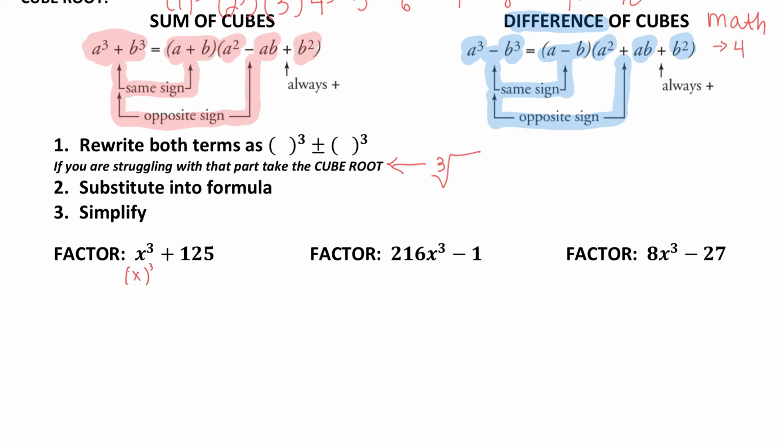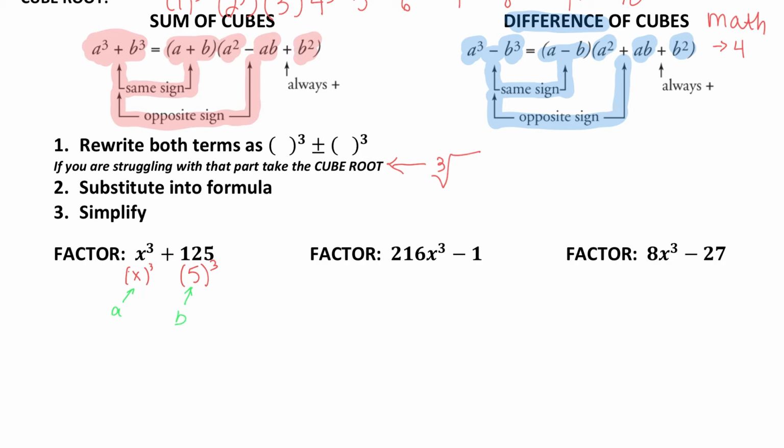If you remember from the perfect cubes that we wrote before, 125 is a perfect cube. It's found by doing 5 cubed. Okay, so now what happens is what's in your parentheses represents your A, and the 5 is your B.